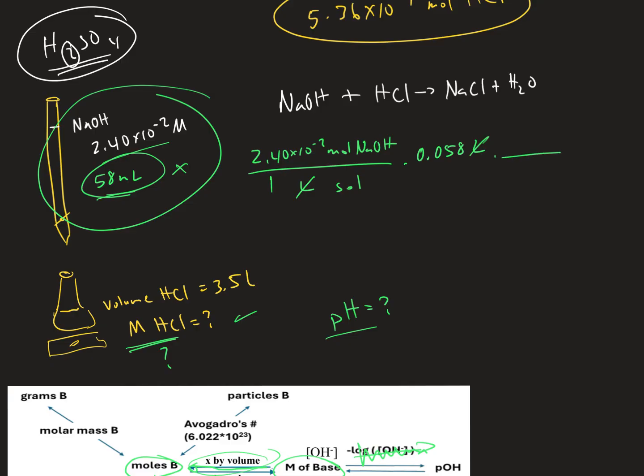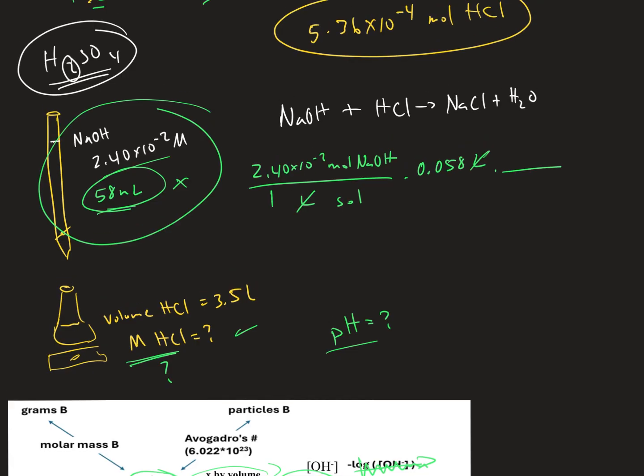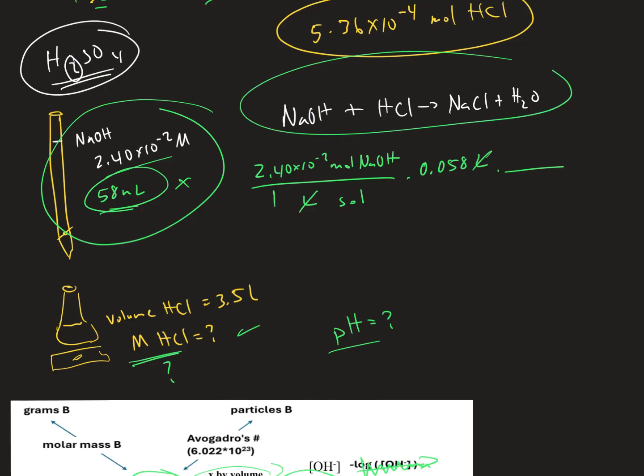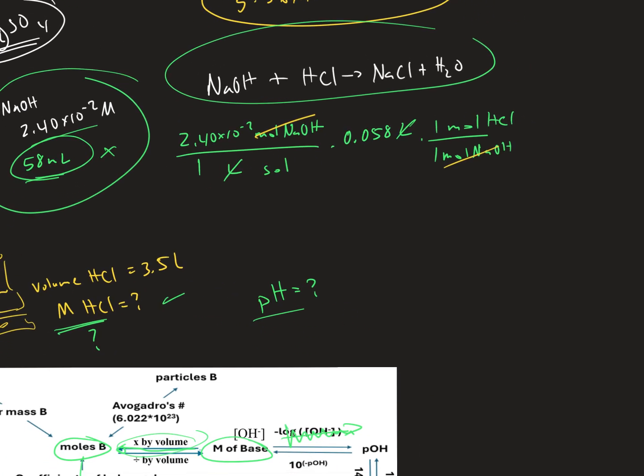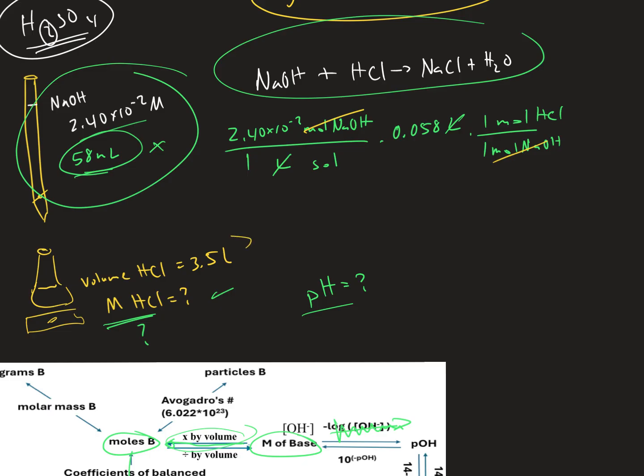We can use the mole-to-mole ratio from NaOH to HCl. What's the ratio in our balanced equation? 1-to-1, so 1 mole of NaOH to 1 mole of HCl. That goes away. And now that we have our moles of HCl, we have our volume. So what do we do with it? Divide.